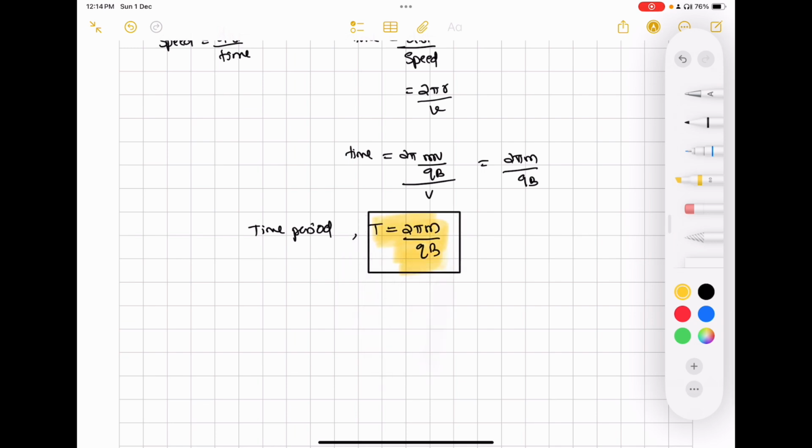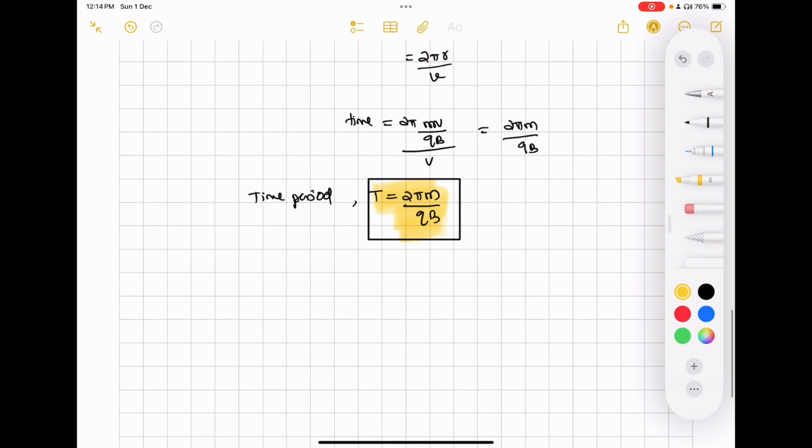This is the time period of revolution of the charge, and we can find the frequency from this, which is nothing but the reciprocal of the time period.